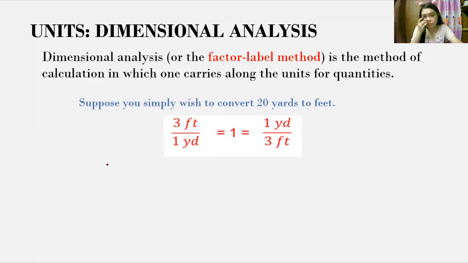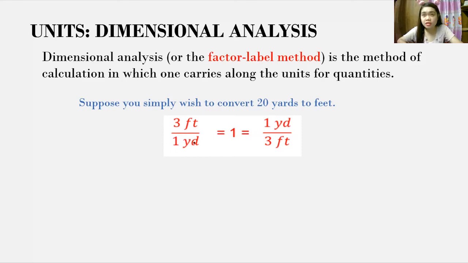For example, if you wish to convert 20 yards to feet, what you need to do is know the conversion factor between feet and yard. 1 yard is equal to 3 feet, and you could also use 1 yard per 3 feet. It depends on which unit you want cancelled out.